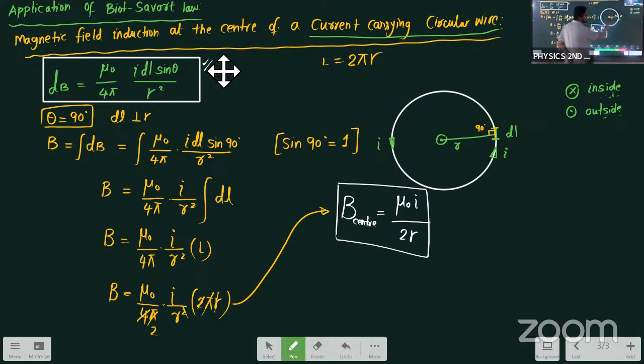That is the reason I represented it with the dot symbol. Next, I considered a small length element dl. Due to this small length element dl, I want to determine the magnetic field generated at the center of the circular current carrying coil. So this is the final expression we got. I hope you understood this expression. Let us move on to the next topic.